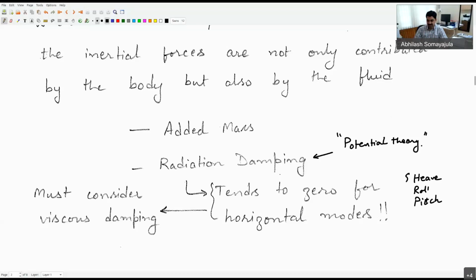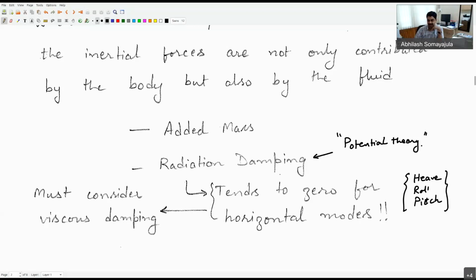you will find that these three modes generally have quite a lot of radiation damping because of the stiffness and the waves that they generate will be larger. Whereas when we are looking at the horizontal modes of motion, you don't tend to bring out huge waves. So their radiation damping values tend to zero as we are looking at slow motions.